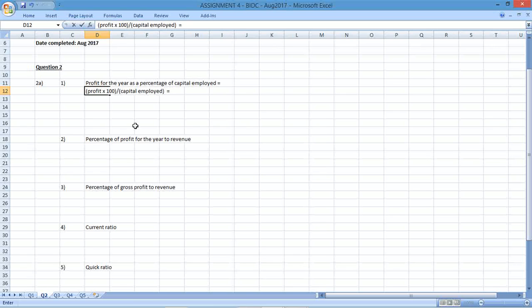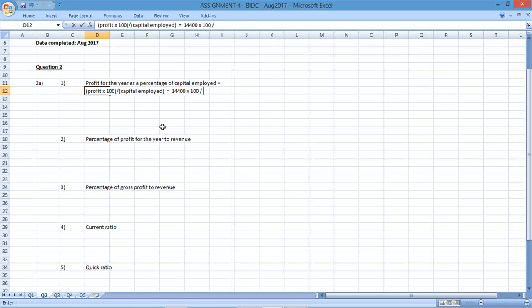Then we need to go to the information in the question, and pull through the correct amounts. I'm looking at profit for the year on the income statement, and you should be able to get 14,400 times 100, and then divide all of that by the capital employed. Capital employed would come from the statement of financial position. I'm going to be looking at the owner's equity section. Here you've got financed by, then they've given you capital at April 2015. You've got the profit that adds to that, then you've got drawings.